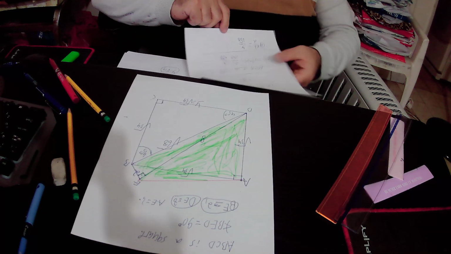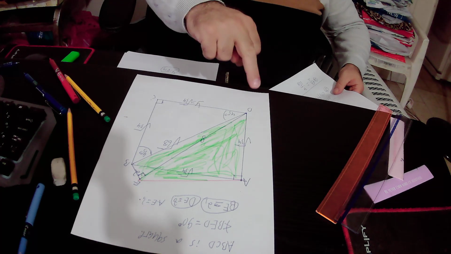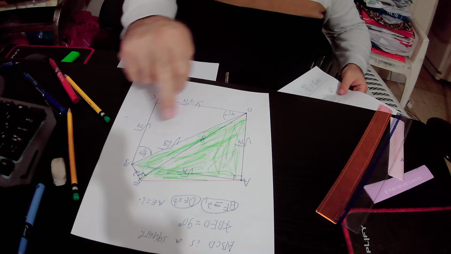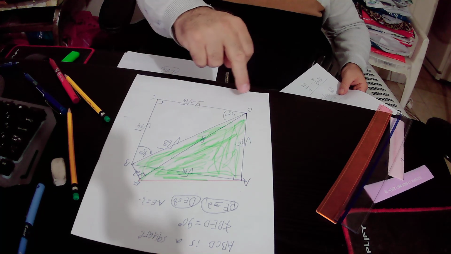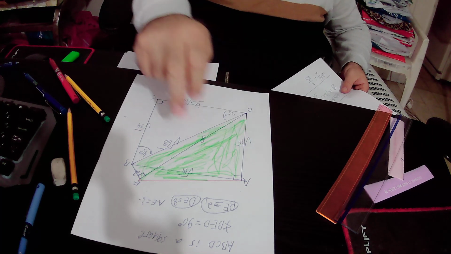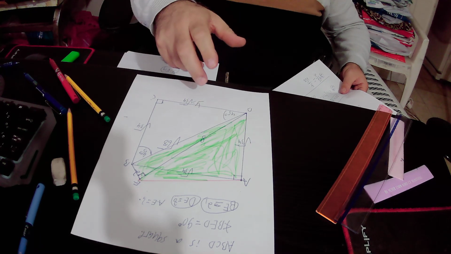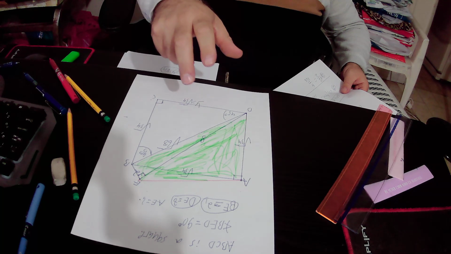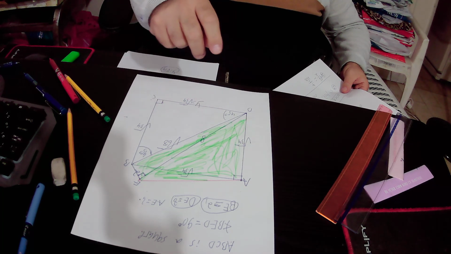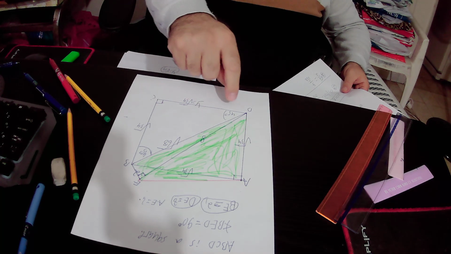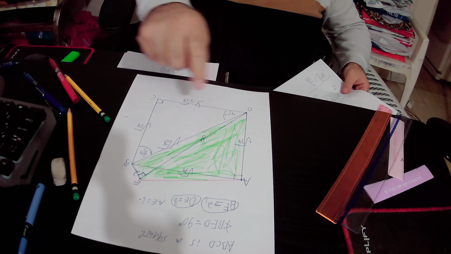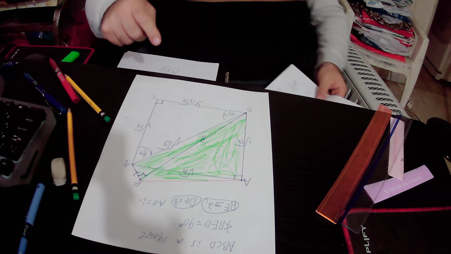So we have here diagonal DB. Diagonal DB is the diagonal of square ABCD, and according to rule number 1, the diagonal DB bisects the angles of square ABCD into 45 degrees. That is to say, this angle equals 45 degrees, and this angle also equals 45 degrees.